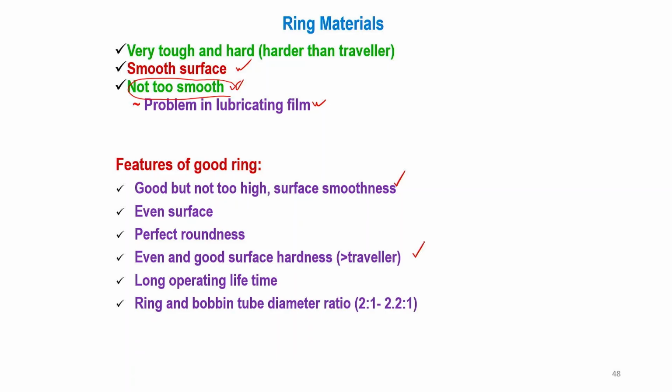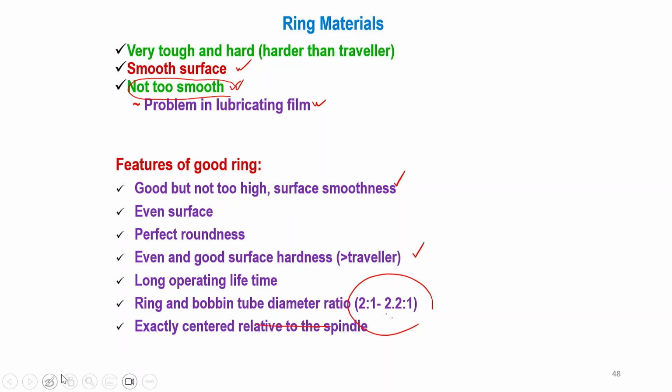The ratio of ring diameter to bobbin tube circumference diameter should be 2.1:1 to 2.2:1. It should also be exactly centered relative to the spindle, otherwise the movement of the traveler will be affected.